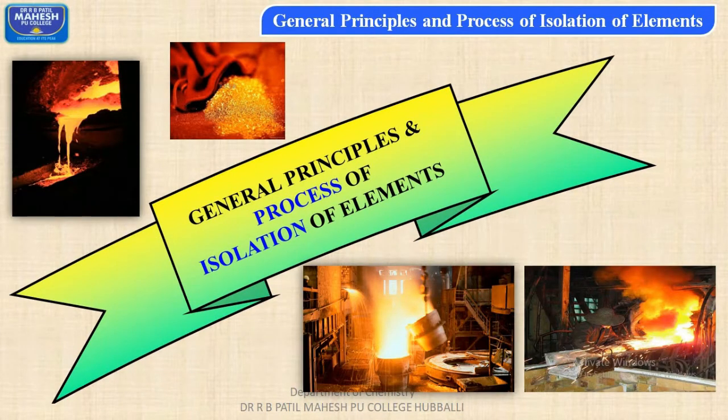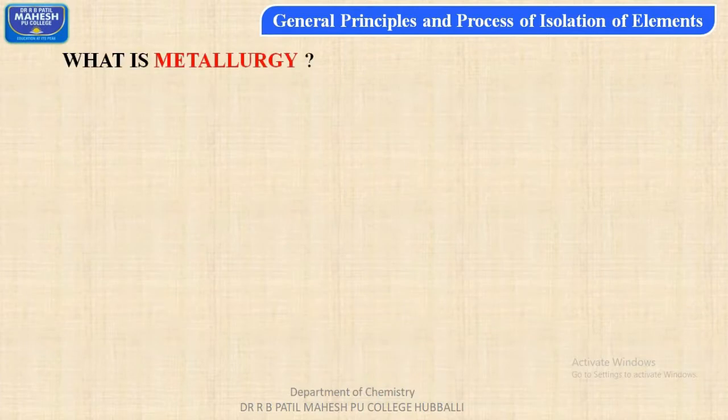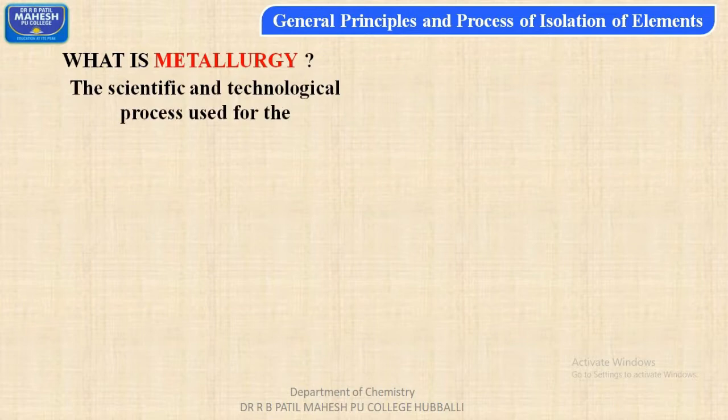Let's proceed with some of the general principles involved in the isolation of elements. The first question which arises in our mind is, what is metallurgy? The answer, students, is the scientific and technological processes used for the isolation of metals from their respective ores.